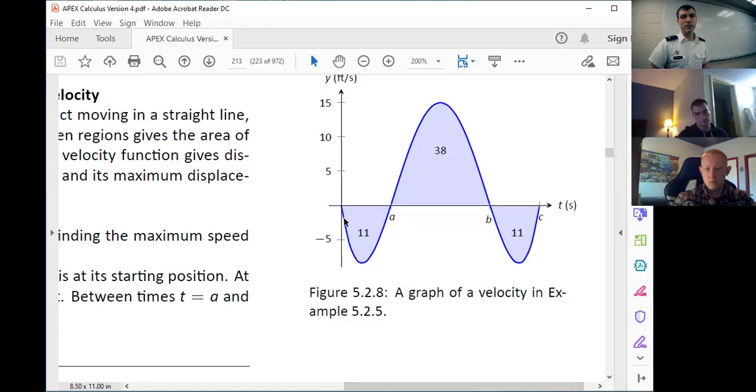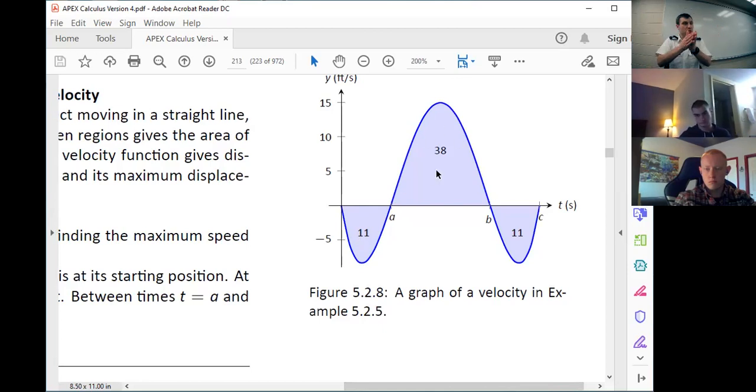At first, my velocity here is negative. What does that mean? You're going backwards. Because the area under the curve talks about displacement, I ended up backing up 11 units, and then I go forward 38 units.